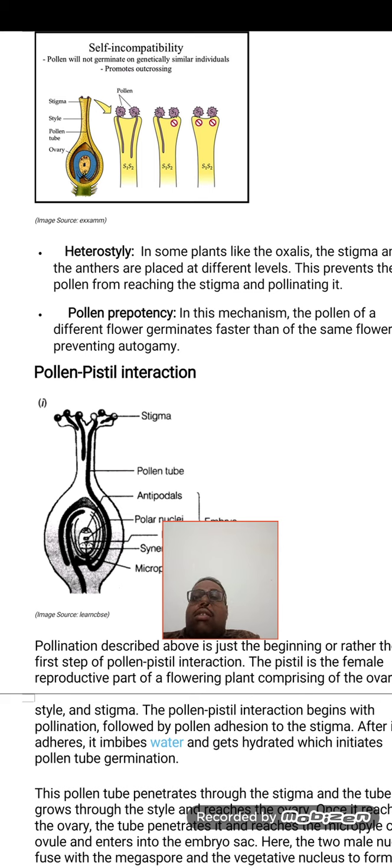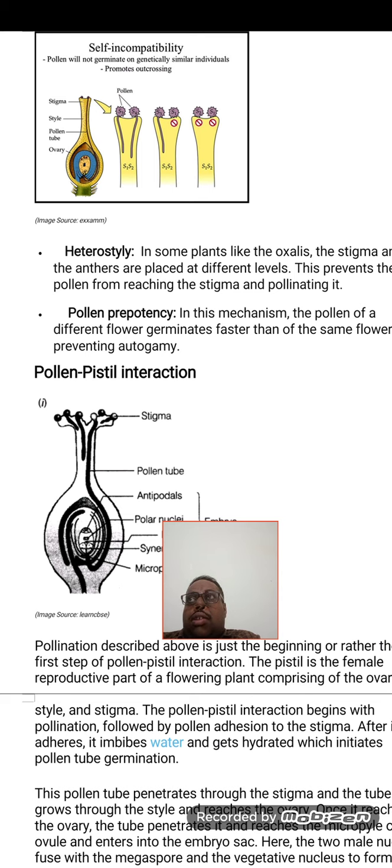And before that, one thing is very important. Whenever these pollen grains come and stick on the stigma, it should be hydrated. Hydrated means the pollen grain should have water content, and the stigma also should not be dry.